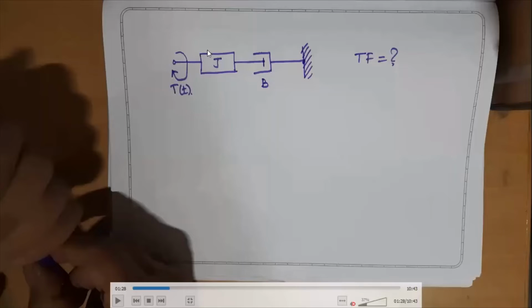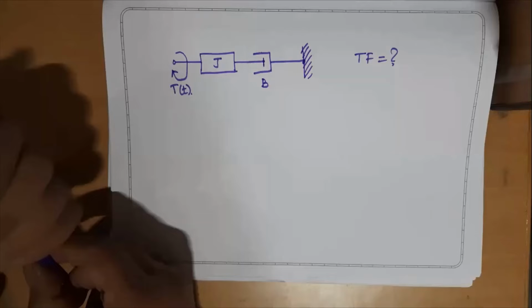Before I write, listen to my explanation. When we apply some torque to this shaft or moment of inertia block, there will be displacement at this end. Whatever displacement occurs at this end, the same displacement will occur at the other end of the shaft also, because it is a solid element. The moment of inertia block you can imagine as a solid element like a shaft.